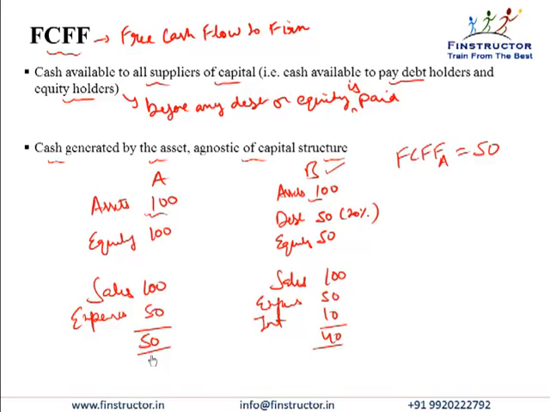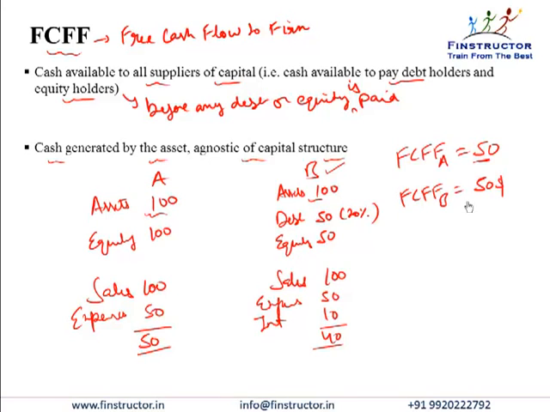There is no debt, so I will have to pay no debt, but I haven't yet paid my equity holders either. So this is the cash, that is $50, available that I can pay to my equity holders if I want. Similarly, the free cash flow to firm for Company B would also be $50. This 50 becomes 40 when I pay $10 to my debt holders.